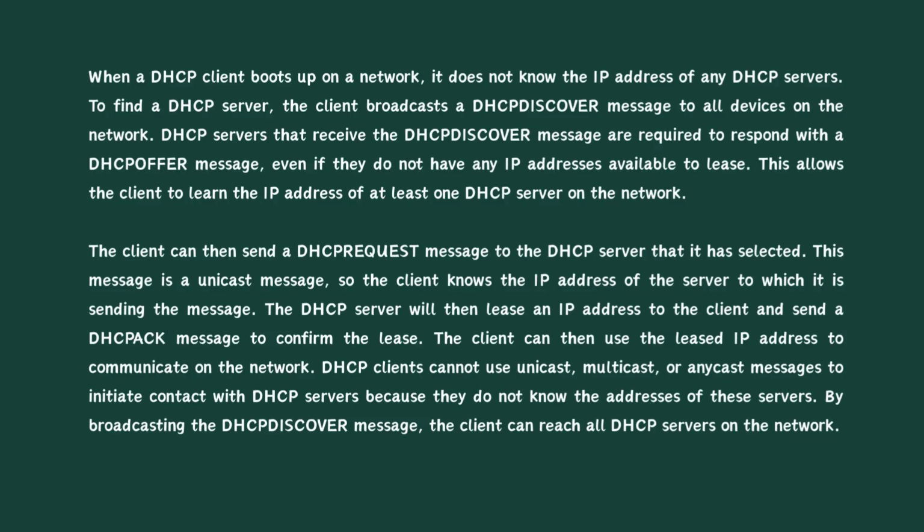The client can then send a DHCP REQUEST message to the DHCP server that it has selected. This message is a unicast message, so the client knows the IP address of the server to which it is sending the message. The DHCP server will then lease an IP address to the client and send a DHCP ACK message to confirm the lease. The client can then use the leased IP address to communicate on the network.